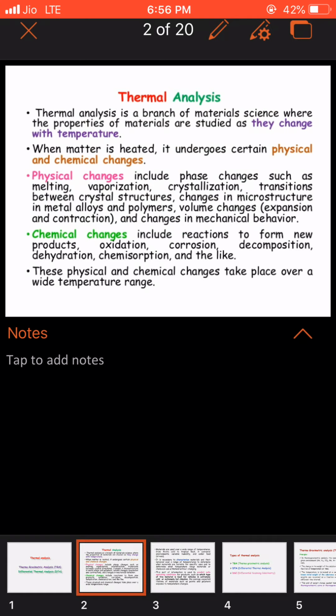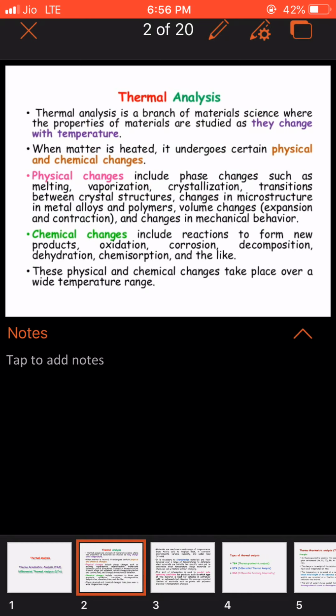And these phase changes could be melting, vaporization, crystallization, transitions between crystal structures. For example, you may have studied FCC crystal structure, face-centered cubic, BCC crystal structure, body-centered cubic. Some materials could undergo this crystal structure change from FCC to BCC or to HCP, hexagonal close-packed phase.